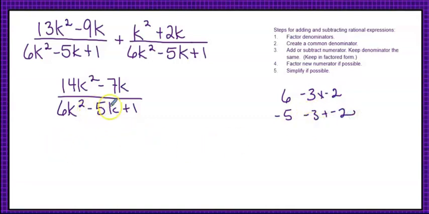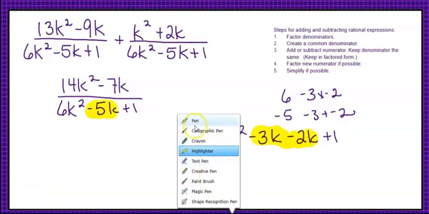So I need to split this middle term. I'm going to do this work over here. I'm going to rewrite the whole thing, but instead of writing negative 5k, sorry, my highlighter didn't want to come up.